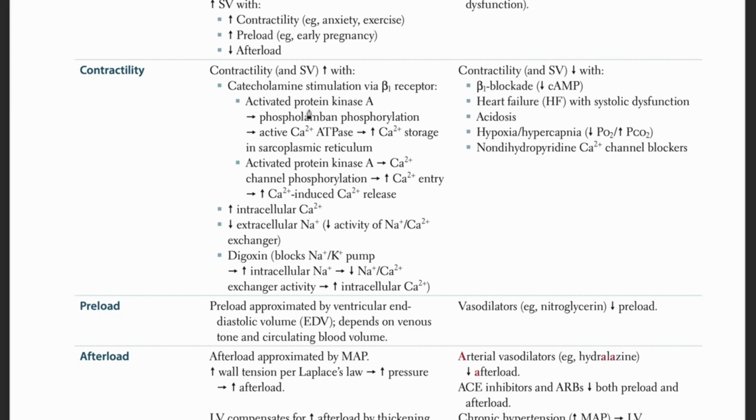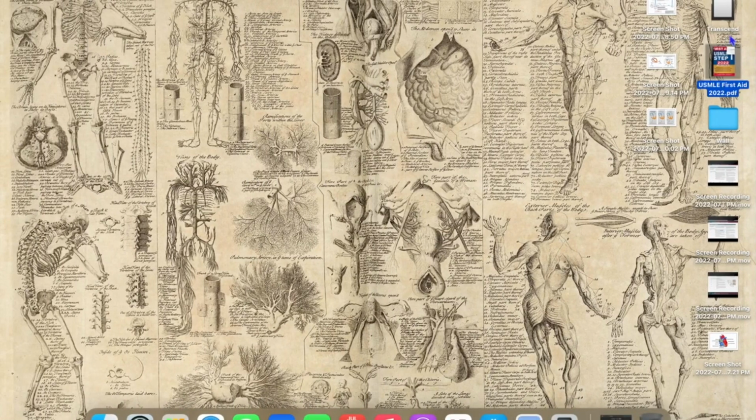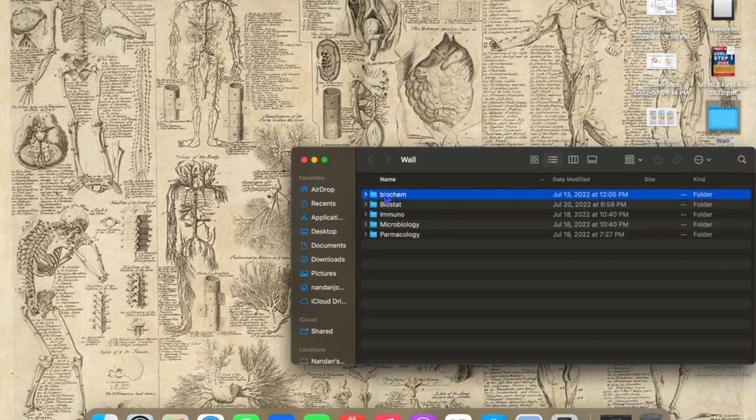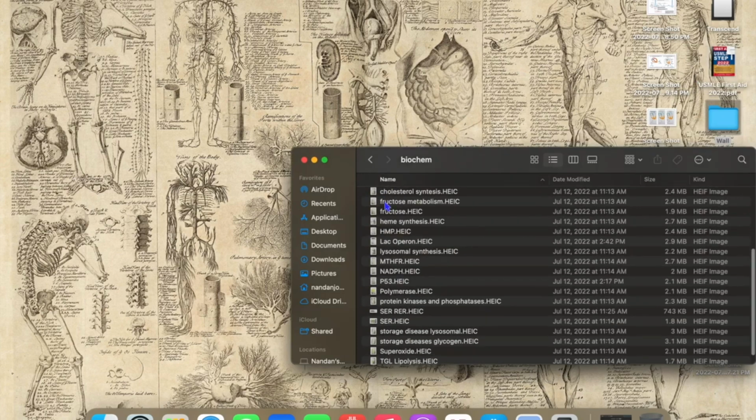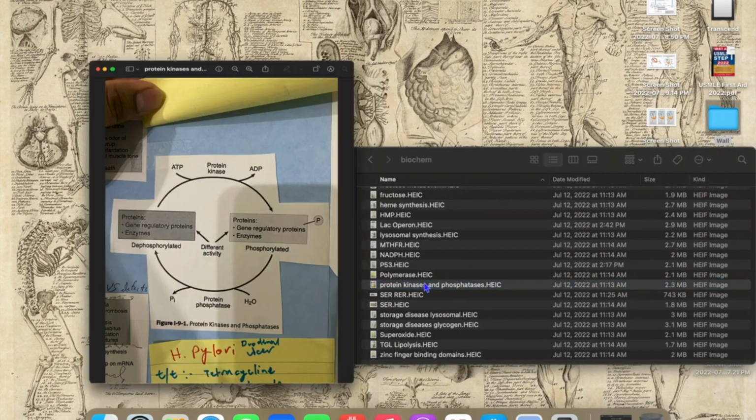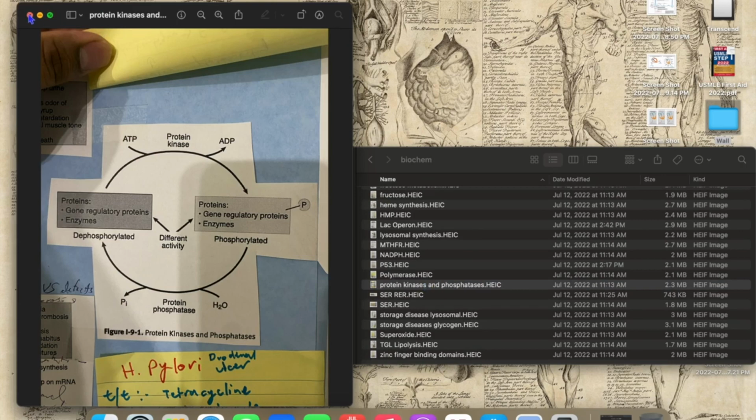So it activates protein kinase A. Phosphorylation activates calcium ATPase, which increases calcium storage in the sarcoplasmic reticulum. Remember that from biochem, I think. But a similar concept here too.